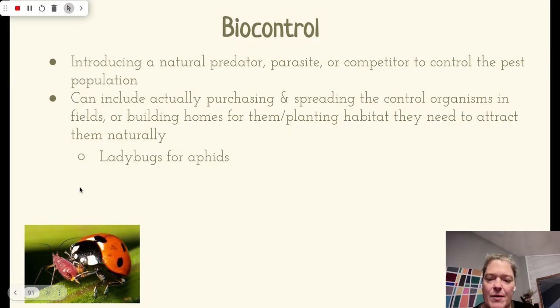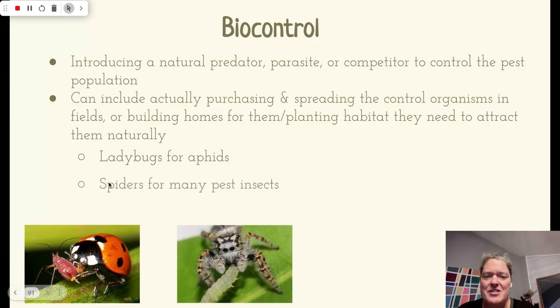Unfortunately, an unintended consequence is that the population of these ladybugs grew out of control. We find these ladybugs everywhere now. They are controlling aphids, but they've also become an invasive species.